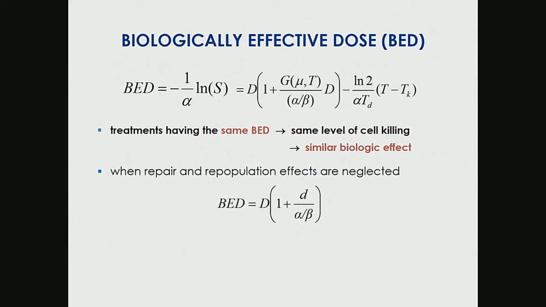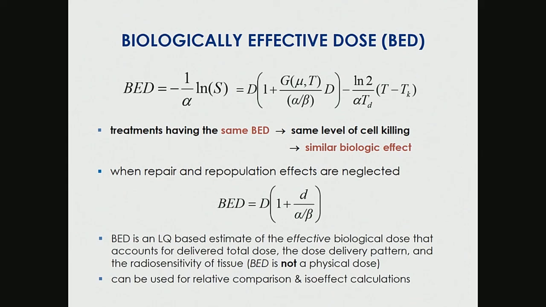And this is the simplest one, when the repair and the repopulation are neglected. In this case, one can use just the single alpha/beta ratio to relate a particular dose fractionation scheme to the expected biological response.